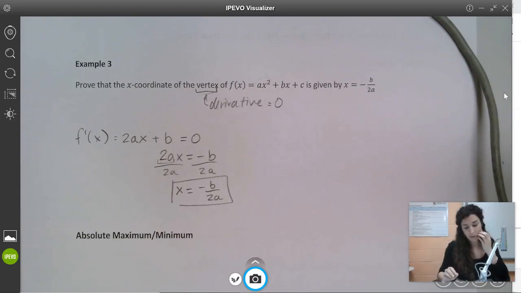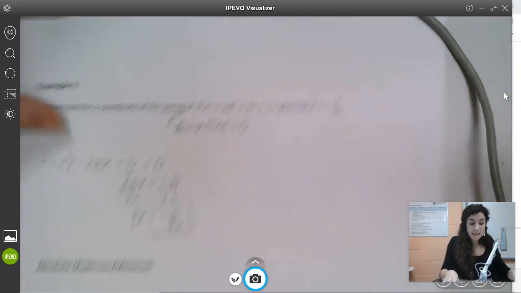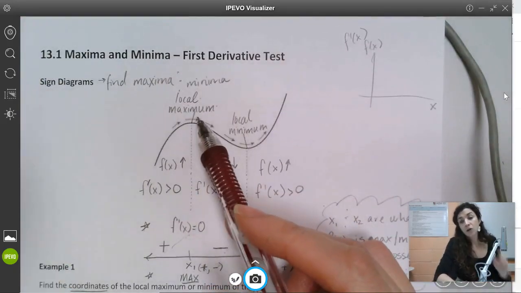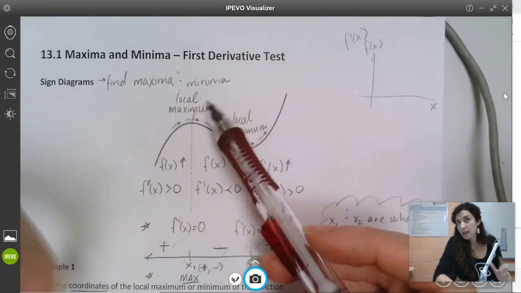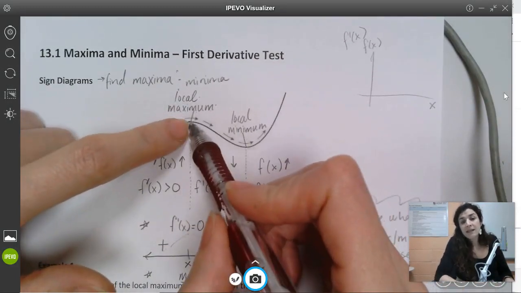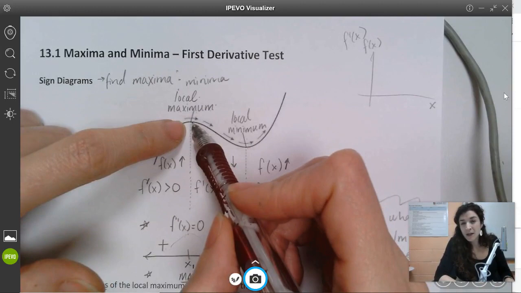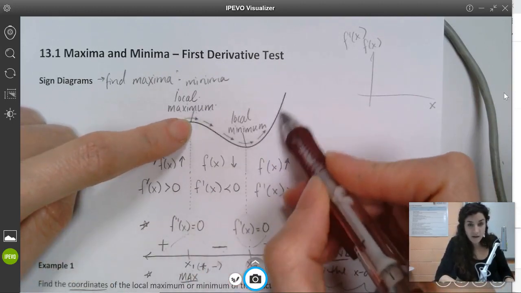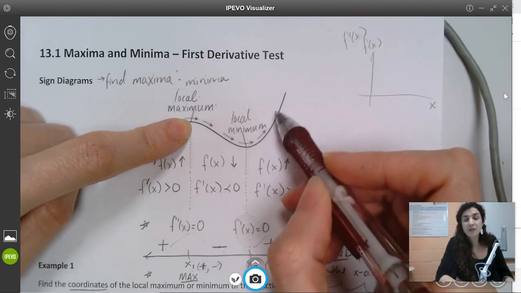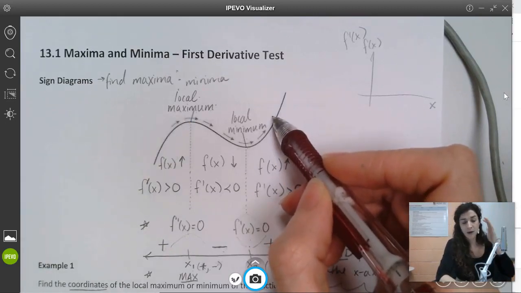All right, absolute maximum or minimum. We've been talking about relative maximum and minimum this whole time, or local, as we call it. Local maximum or relative means that, okay, this is a maximum value, it's a turning point, but realize over here there are values that get much taller than that, right? So it's not your absolute maximum.